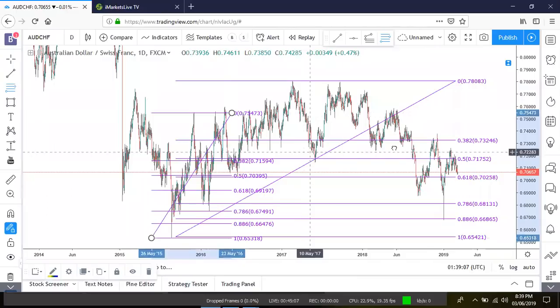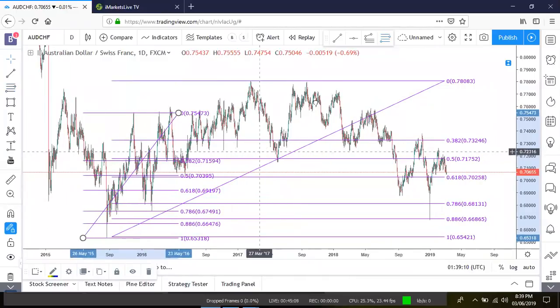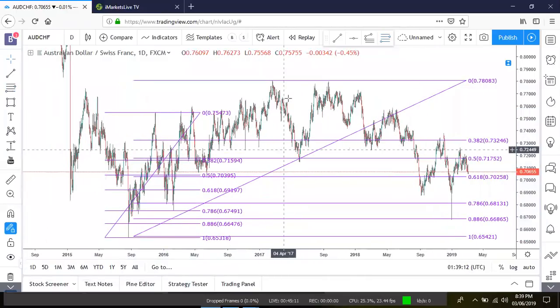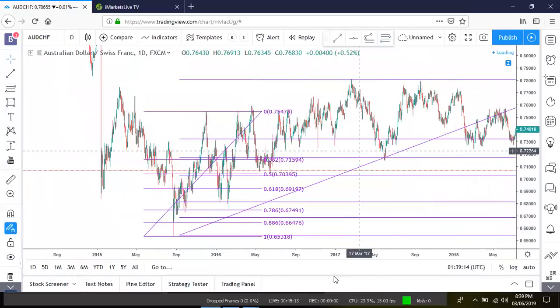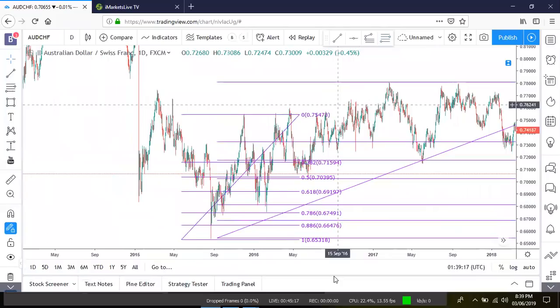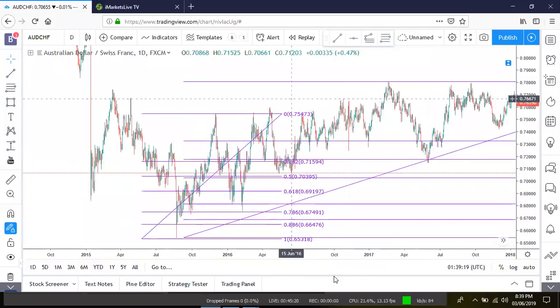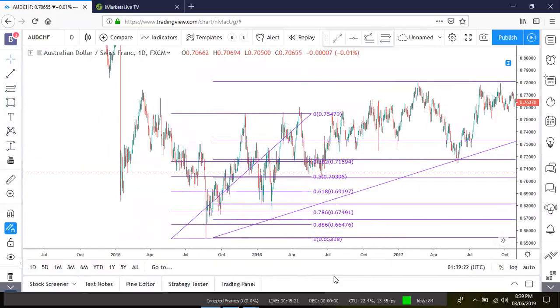See, this one right here would have been a failed bat pattern because it didn't complete at our level. This right here would have been a failed bat pattern because it didn't complete at the 88.6 level.